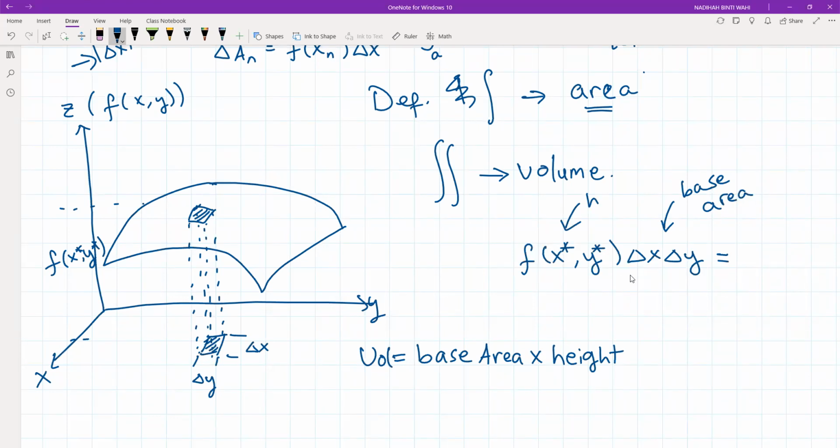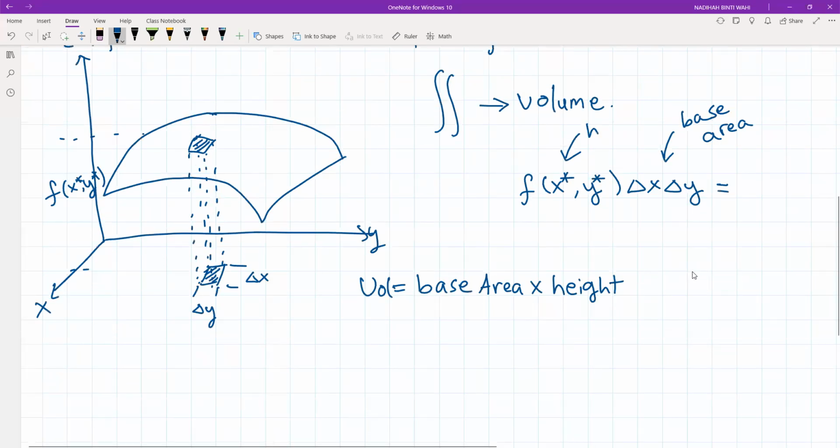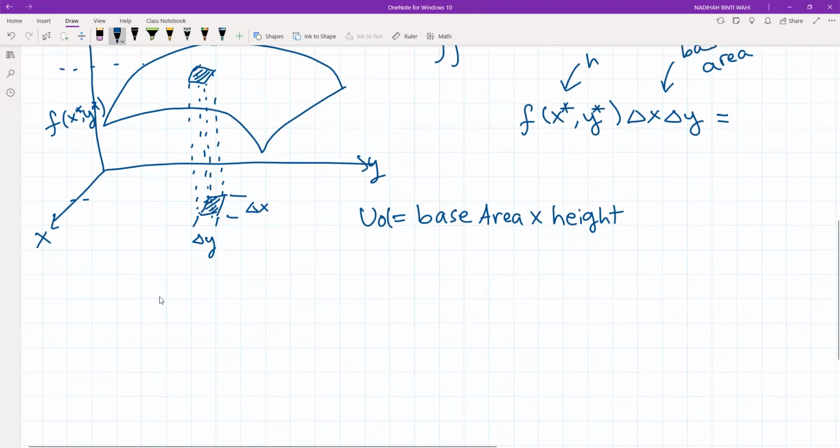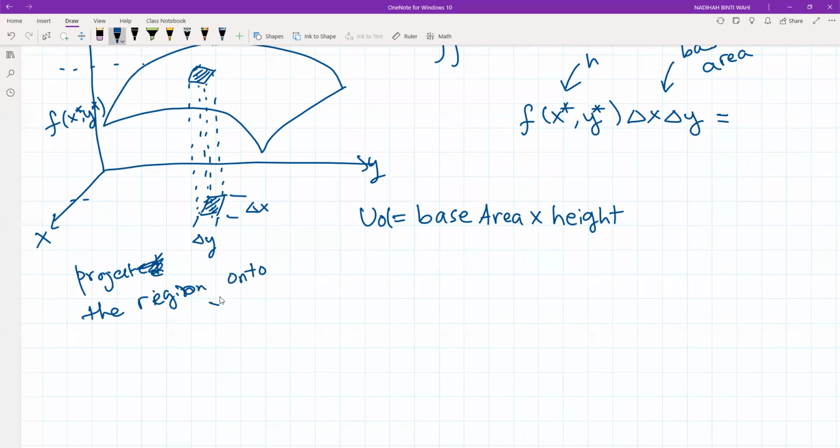See? So if I project this onto x and y, this is projected. Project the region onto the XY plane. So I project the region.